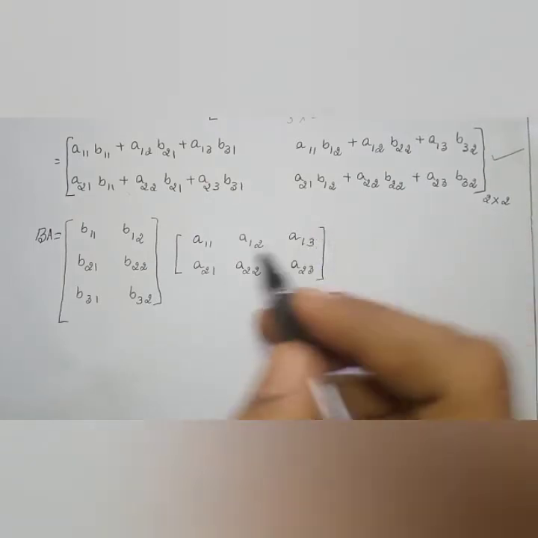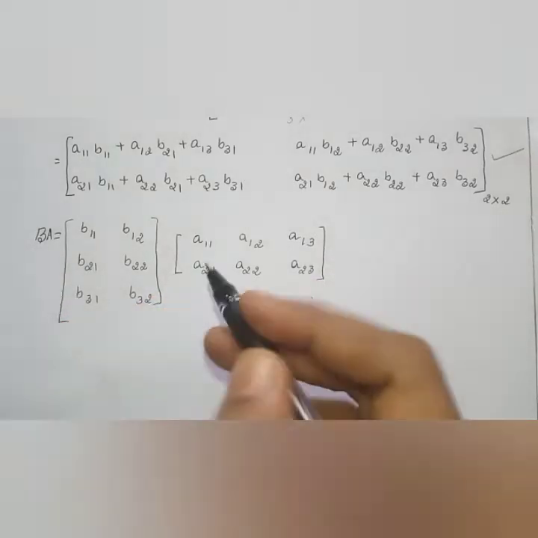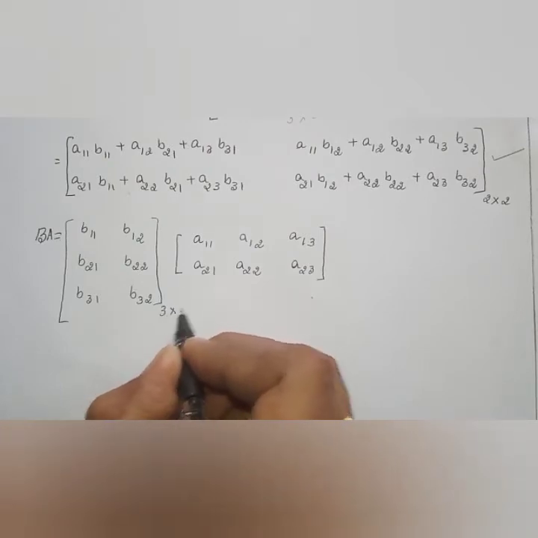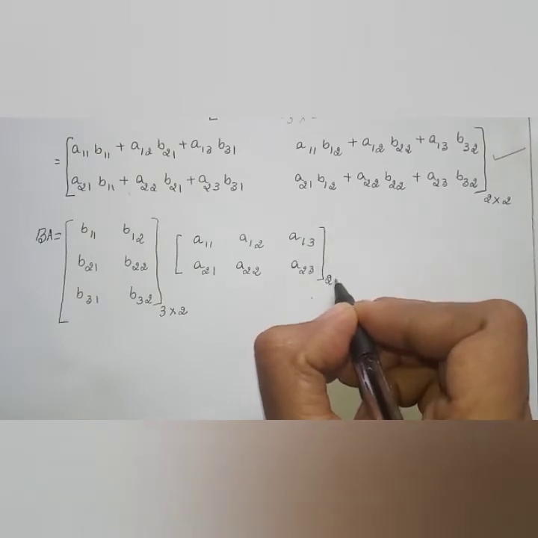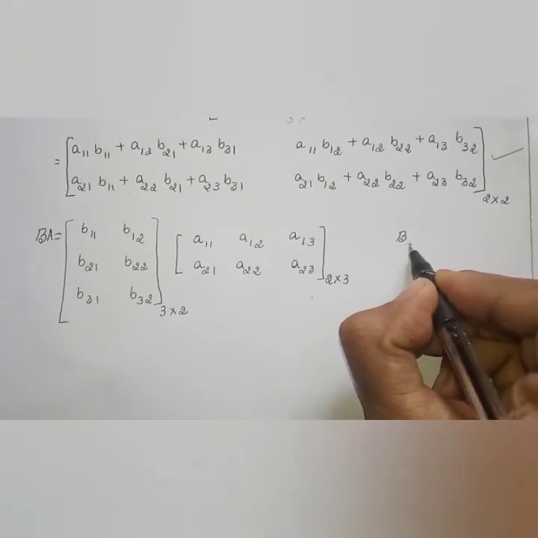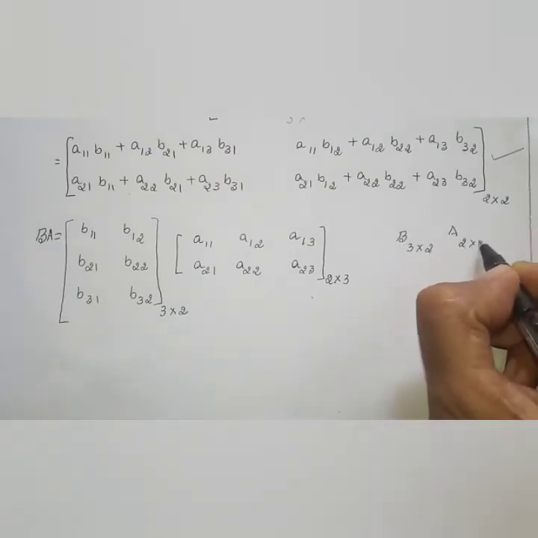The order defines whether the matrix BA exists or not. What is the order of this matrix? There are 3 rows, 2 columns. What is the order of this matrix? There are 2 rows and 3 columns. So B is of order 3 by 2 and A is of order 2 by 3.